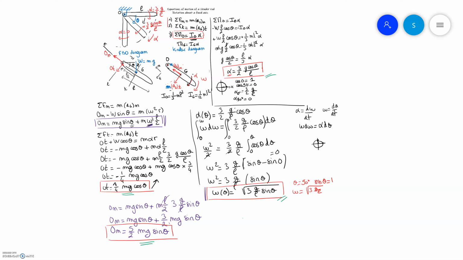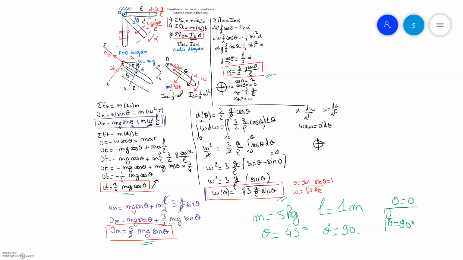So let's try all those formulas using a mass of 5 kilograms and a length of 1 meter, and an angle theta. Remember, 0 is this, that's theta equals 0. This one is theta equal 90 degrees. You can use theta equal 45 degrees, theta equal 90 degrees, and see if everything makes sense.